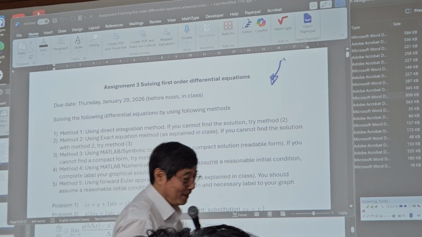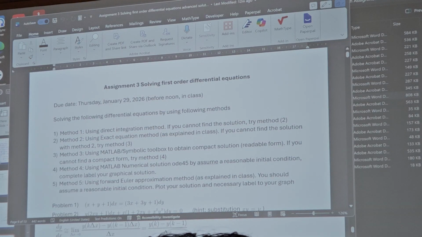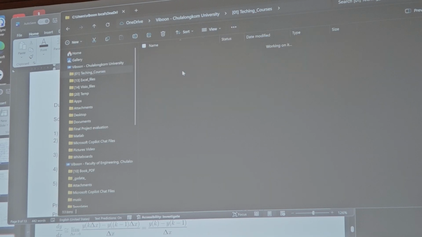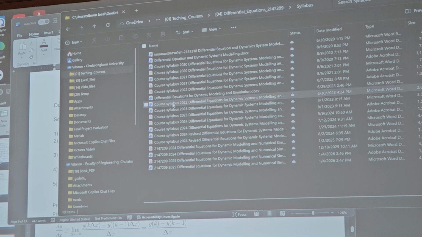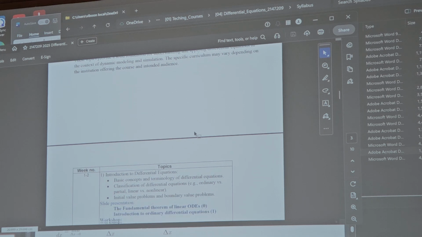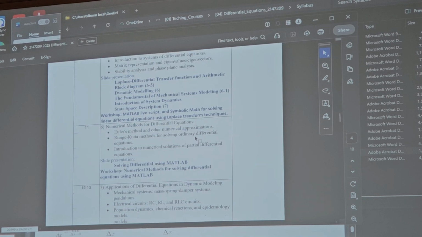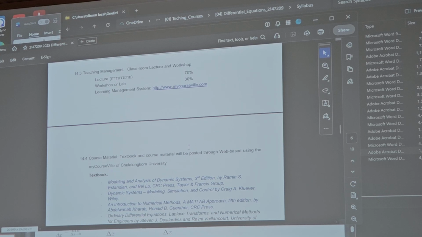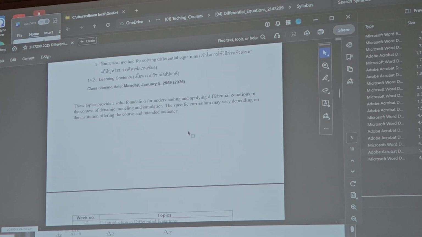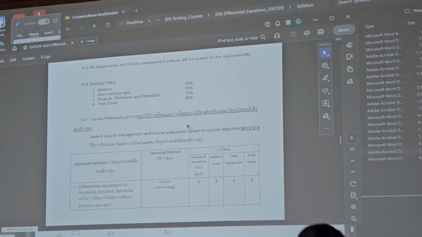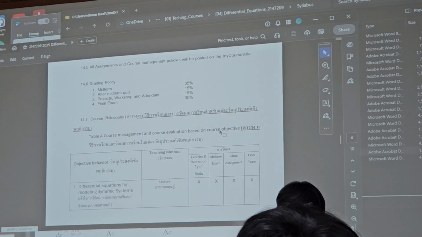Okay, look at the course syllabus. Some people like to say I never told them how marks are given. Look at this one, the grading policy. Midterm 35.